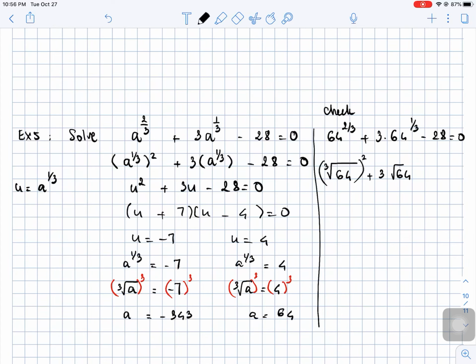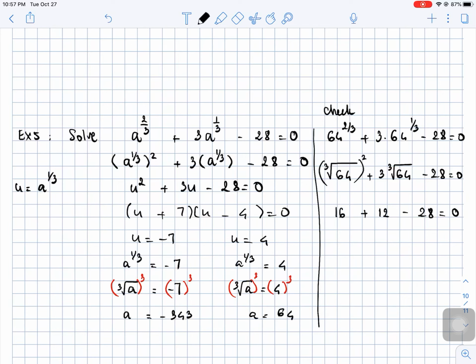So 64 to the 2/3 plus 3 times 64 to the 1/3 minus 28 equals 0. So 64 to the 2/3, we can write as the cube root of 64, the index is 3, to the exponent 2, plus 3 times the cube root of 64, the index is 3, the exponent is 1.